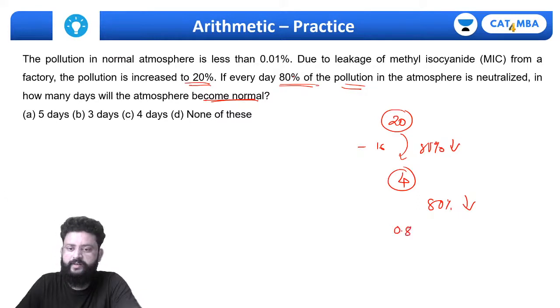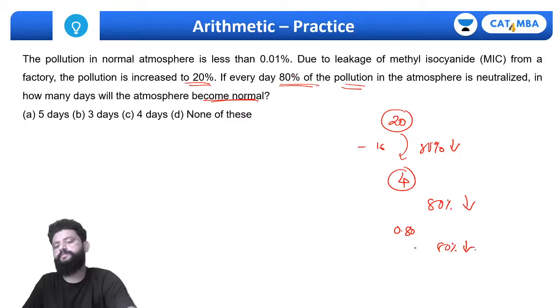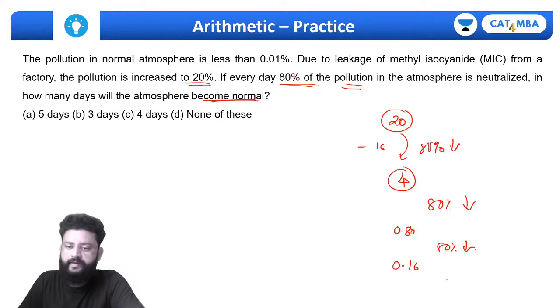This will be 0.8. Right? Again a decrease of 80%. That will be 0.08, that is 16. Again decrease of 80%.